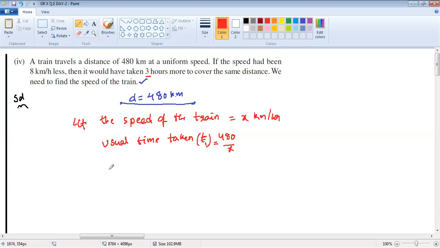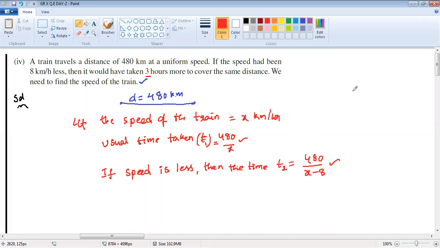So if the speed is less, then the time t2 is equal to 480 by x minus 8. Got it, ma? Which is 480 by x and 480 by x minus 8. Did you understand?